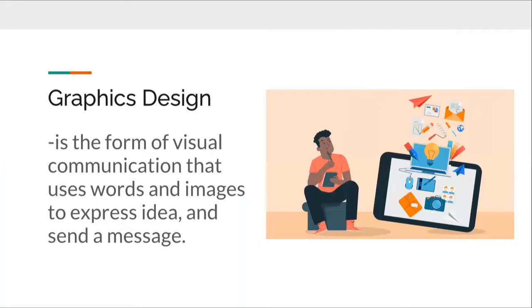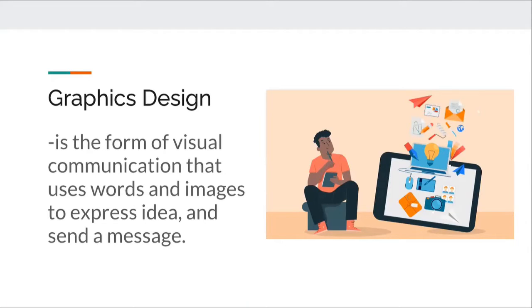So let's define graphics design first. It is the form of visual communication that uses words and images to express ideas and send a message. In today's digital age, especially us millennials and Gen Zs, usually we look for visual communication. When we say visual communication, it's all about our sense of sight.